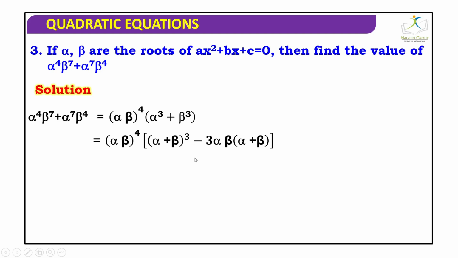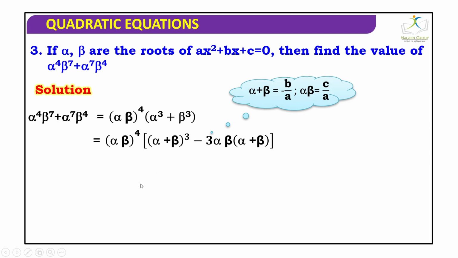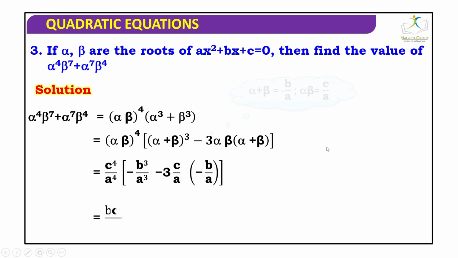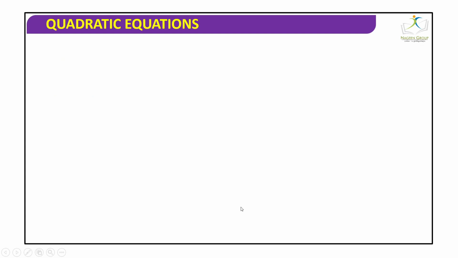And this is the formula: alpha plus beta whole cube minus 3 alpha beta into alpha plus beta. Now put the value: alpha plus beta is minus b by a, and alpha into beta is c by a. So this is c by a, minus b by a whole cube minus 3 c by a into minus b by a. From here we just simplify it and then we get the answer.